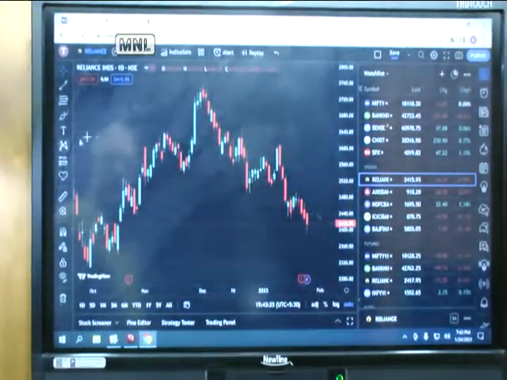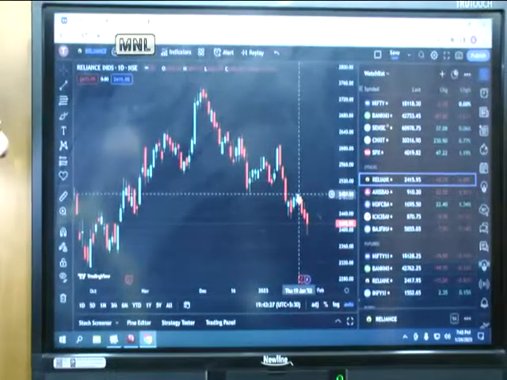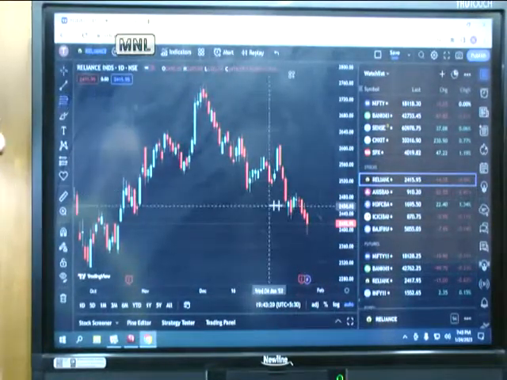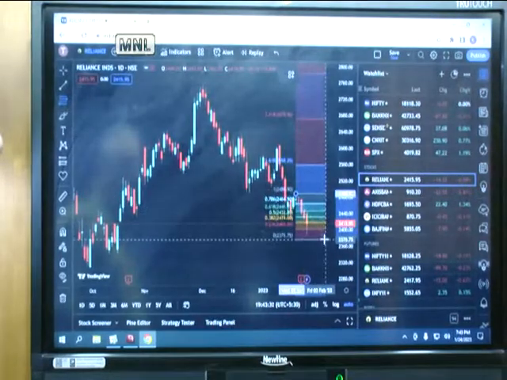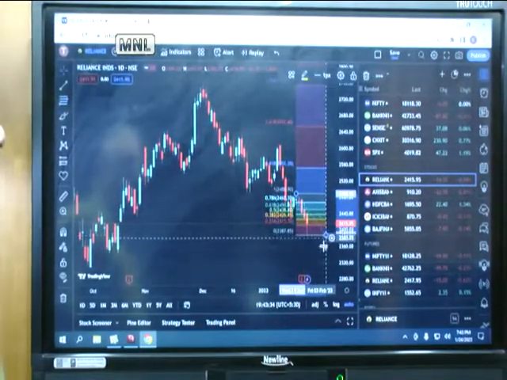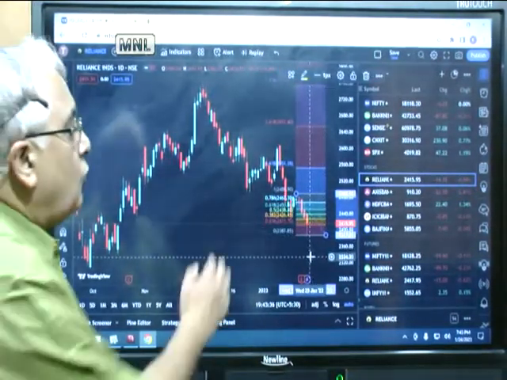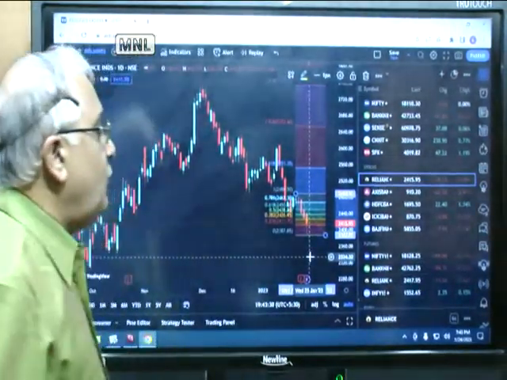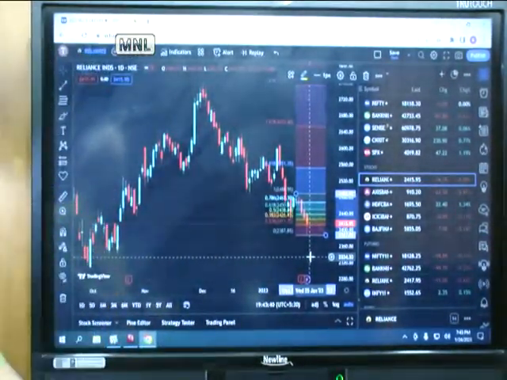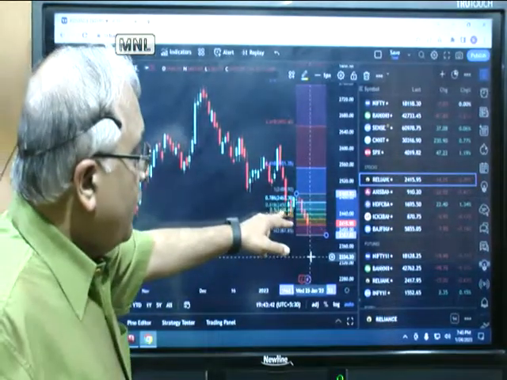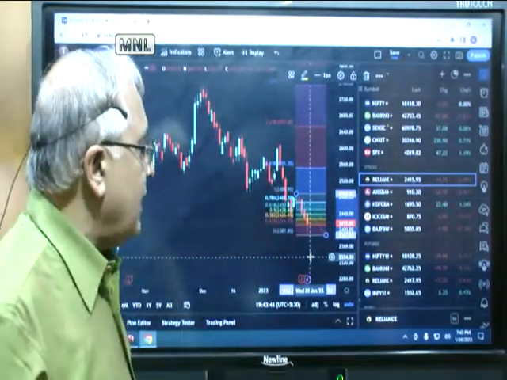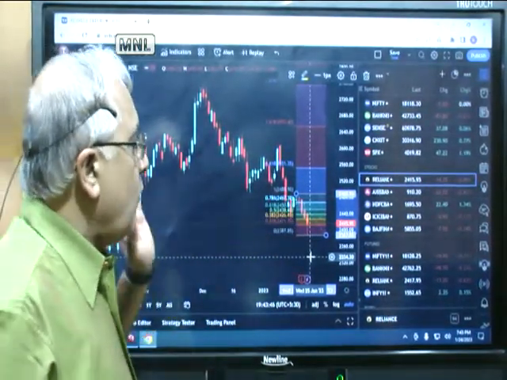Now we'll draw from this place to this place. Here you see it should not cross 2467. 78.6% comes at 2467. Now here the 50% retracement also comes at 2438. It has closed at 2415.